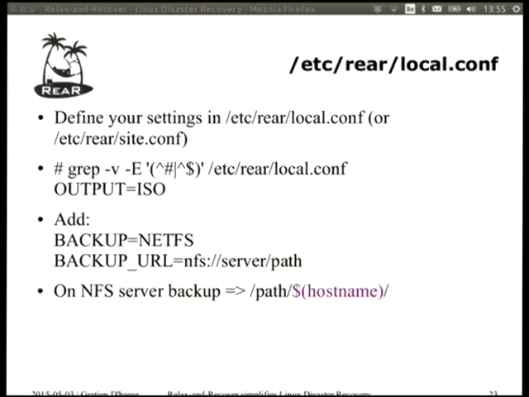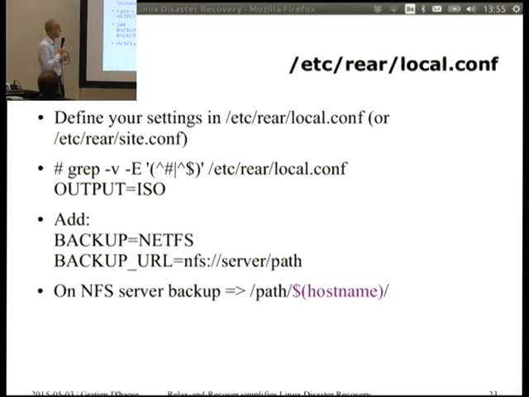NETFS is internal, then you have to define a backup URL and a remote location. That's very important. The path is that first, after two slashes, is the server and then the path. And on the NFS server it is always stored under the path that you defined, and then it will automatically create a subdirectory with the host name of your Linux client. So that means if you do hundreds of these servers with the same URL definition, there is still a differentiation with the host name.